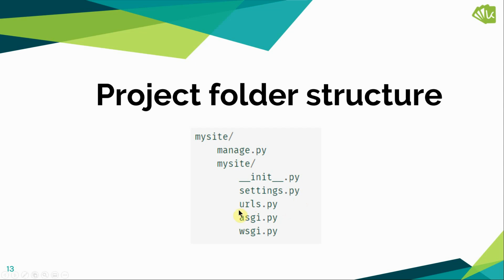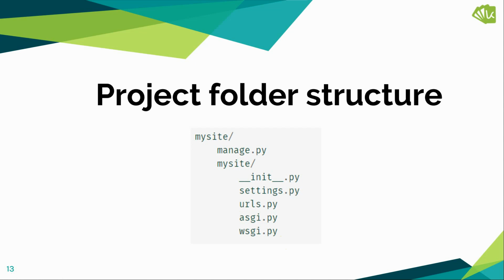Then there is urls.py, and just to note, this urls.py is the same URL controller which we saw in the MVT template. After that, we have the ASGI and WSGI Python files. These are deployment controllers. So these will be looked into at later stages of our project. We need not worry about them for now.